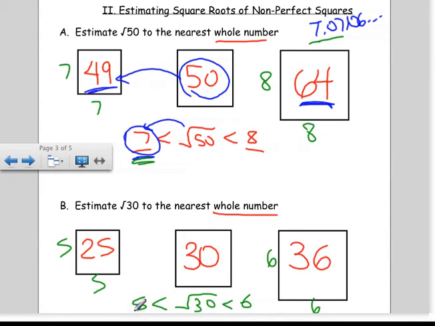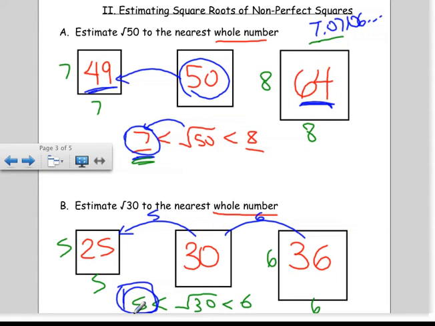You had those two options to pick from. I see that 30 is 5 away from 25, and it's 6 away from 36. So if you had to pick, it is closer to 5. So the square root of 30 is closest to the number 5. It'll be a little bit bigger than 5. And this should have been your answer, 5.